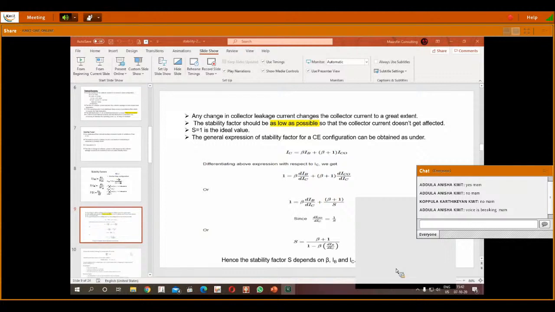The concept of stability factor, how to find it in the fixed bias circuit, in comparison with your voltage divider biasing and fixed bias. Why we prefer the self bias circuit? Okay, right.